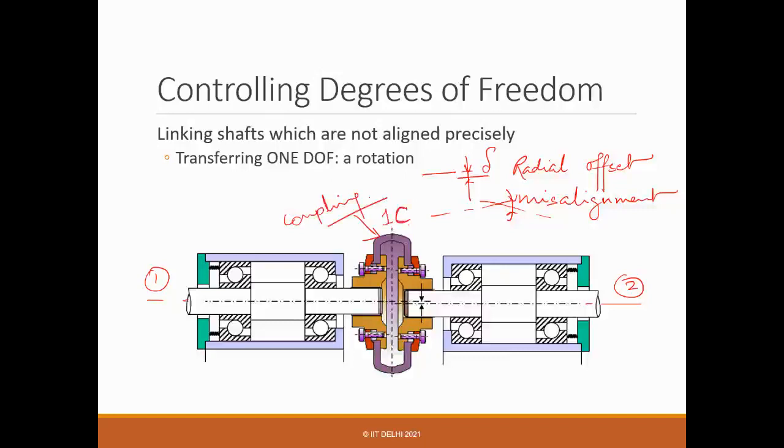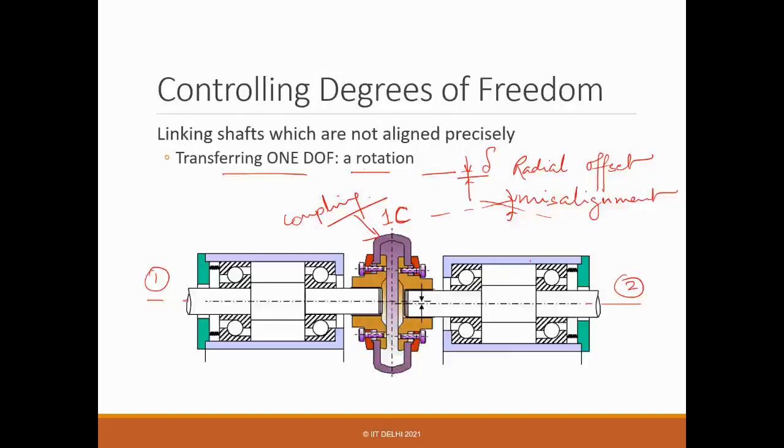It should provide only one constraint, and that constraint is the rotational constraint from shaft A to shaft B, from member 1 to member 2, right? So whenever the question is asked and it's asking for transferring one of rotation, what does it mean? It should provide one constraint only.